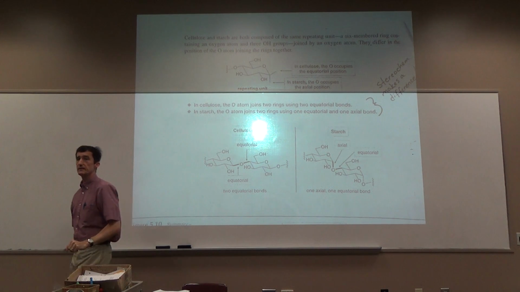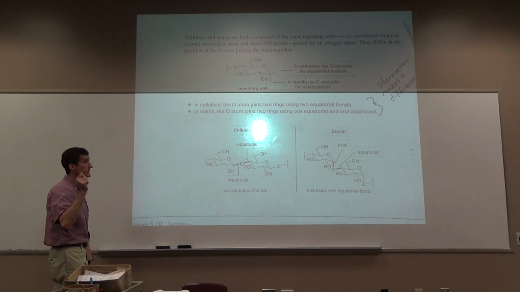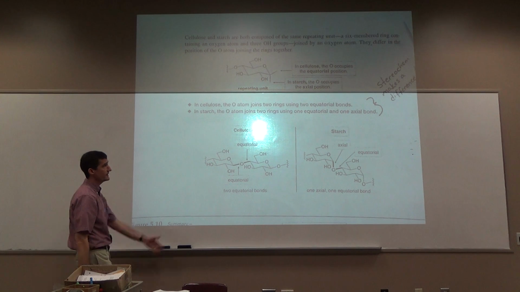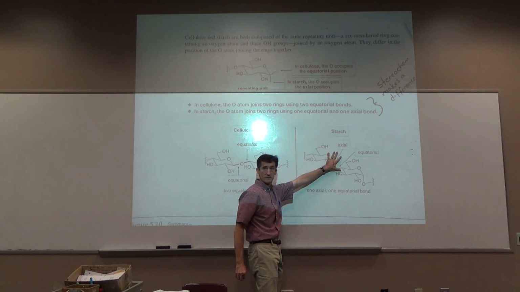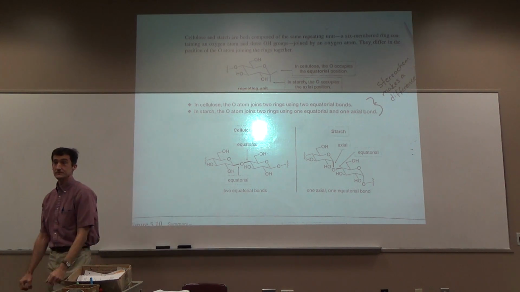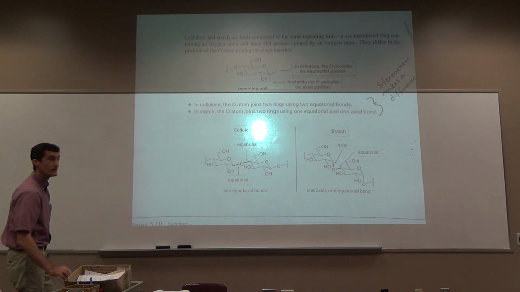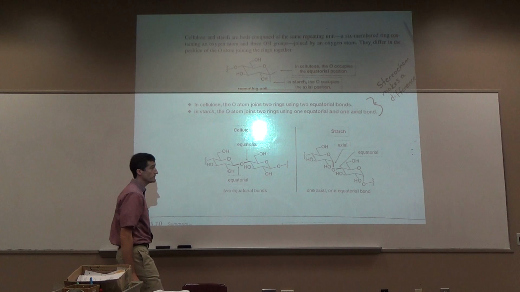They just differ in the orientation and projection off of that carbon. They're just stereoisomers. But it's hugely important because our body can digest starch, but we can't digest cellulose. If we could eat trees, we would not have any food shortage. Stereochemistry is very important.